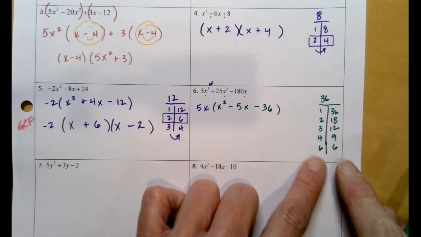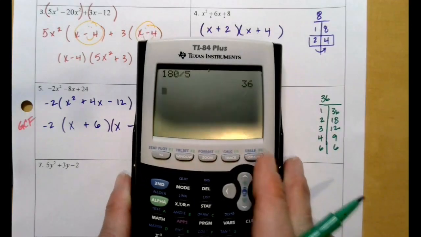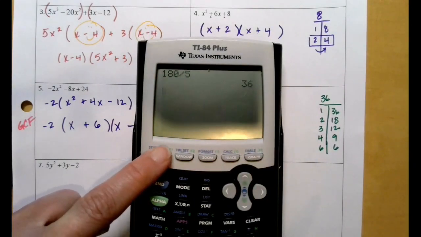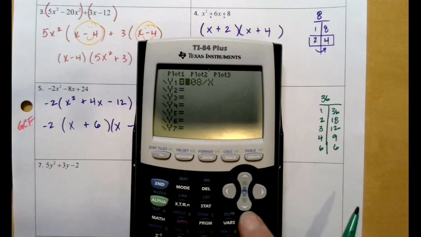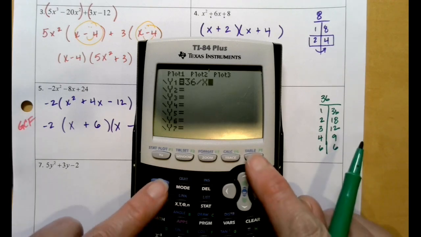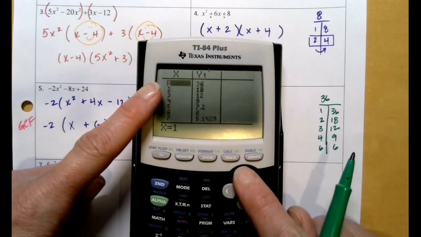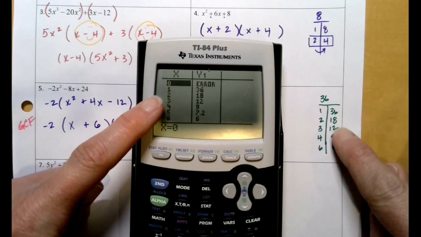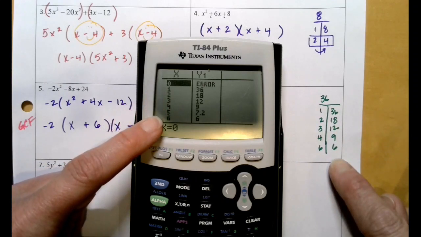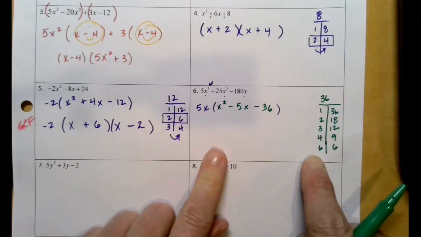Now remember, if these factors are not in your head, all you need to do is go to your y equals and type in 36 divided by x, all the numbers in the whole wide world. And then I go to my table of values, and I can see this chart that I've typed here. It shows me a picture of all of the factors. So if they're not in your head, use your calculator.